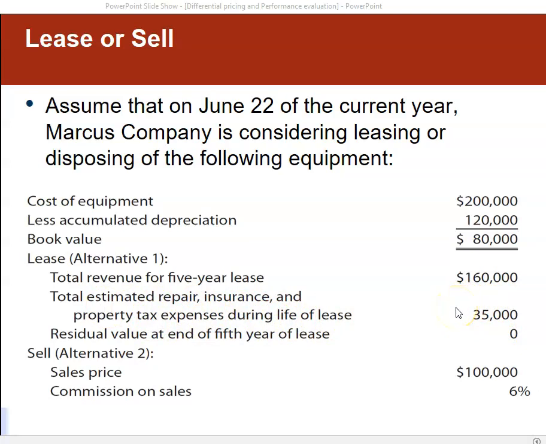So, according to this example, and I'm not sure exactly how close this matches current lease standards, in this particular case, we're continuing to pay property taxes on the equipment. We're paying for repairs, and we're insuring the property as well. And that's a $35,000 expense over 5 years. Alternative 2 is we're just going to sell it outright for $100,000 and pay a 6% commission.